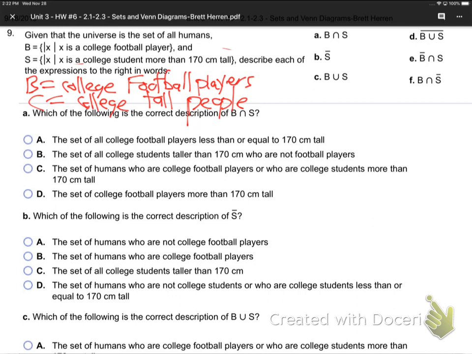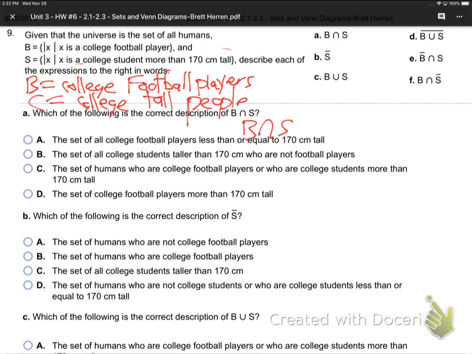Okay, so let's answer their questions. What is B overlap S in words? We're trying to get a feel for these sets in pictures, numbers, and words, a full understanding of how sets work and what the union and overlap do.